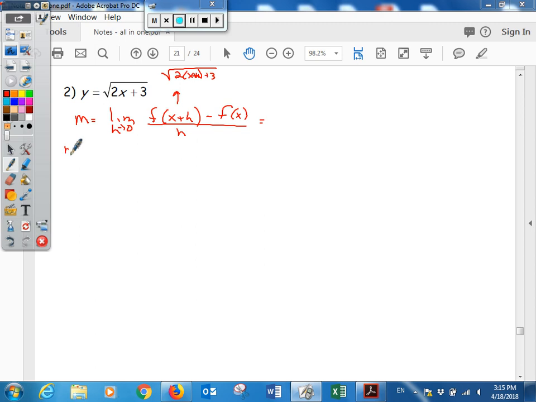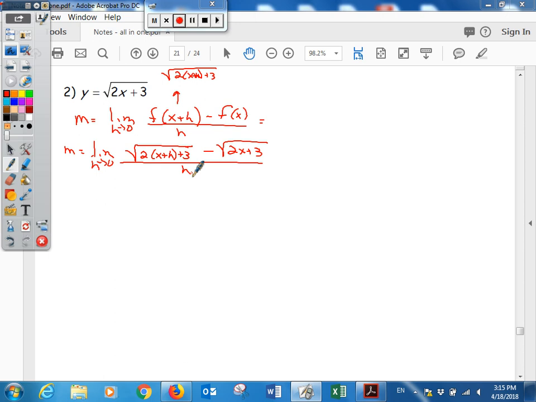So m is equal to the limit as h approaches 0 of the square root of 2 times x plus h plus 3. It's all under the radical. That's your f of x plus h. Subtract from it f of x, which is just the square root of 2x plus 3, which is all over h.